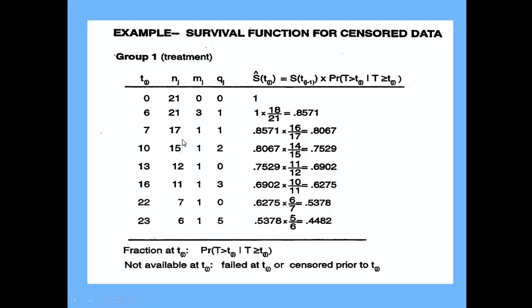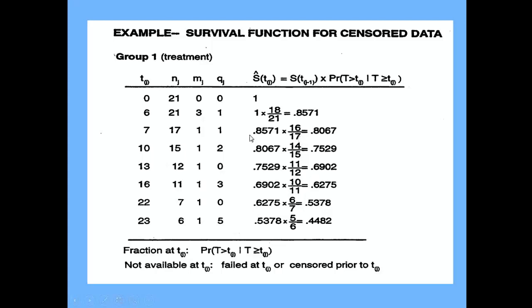So now you have 17, and 1 person failed and 1 person was censored, but you're not going to count this person there either. At week 7, of the 17 people at risk, 16 of the 17 survived. So 16 over 17 is the probability of surviving past a certain time, given that you survived up to that time point, up to time 7.